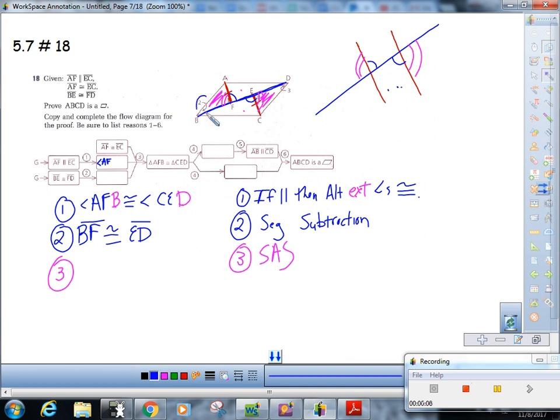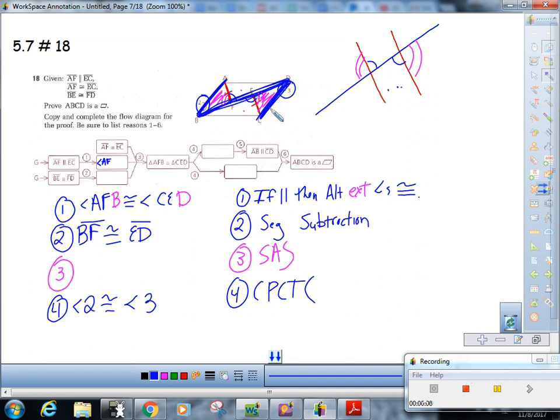If I said that angle 2 was congruent to angle 3, what would be my reason for that? CPCTC, right? That's how I know that 2 is congruent to 3. But since 2 is congruent to 3, do you see the N there?